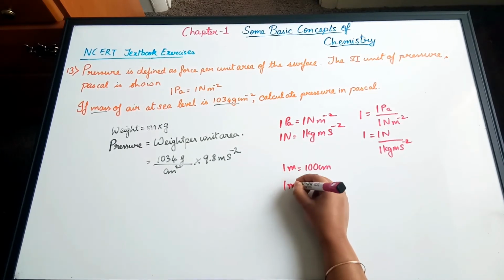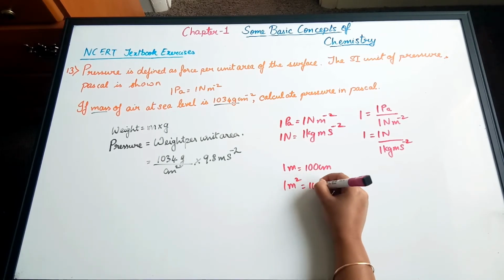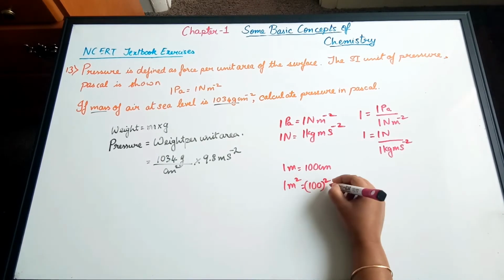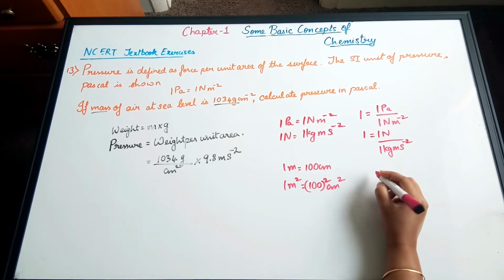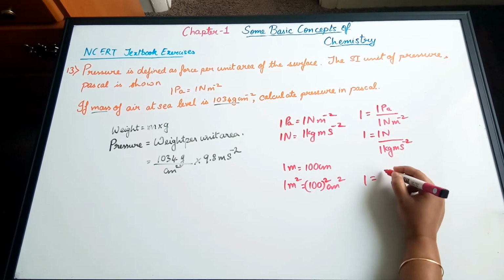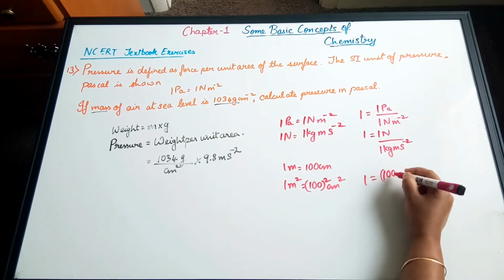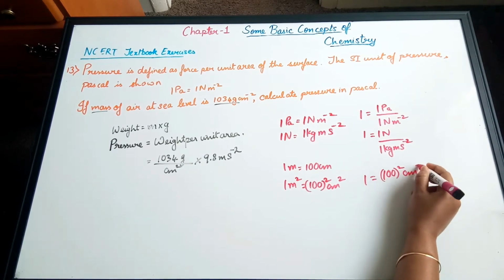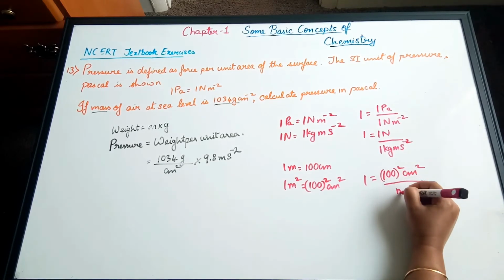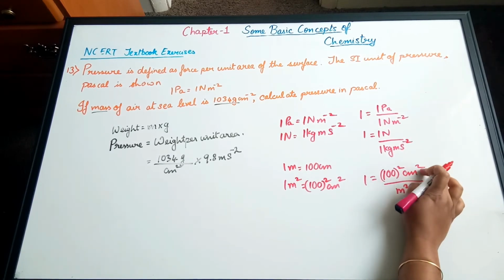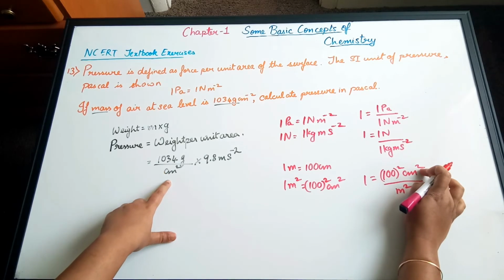Then 1 meter square would be equal to 100 square centimeter square. So 1 equals 100 square centimeter square divided by meter square, because this will get cancelled with this.